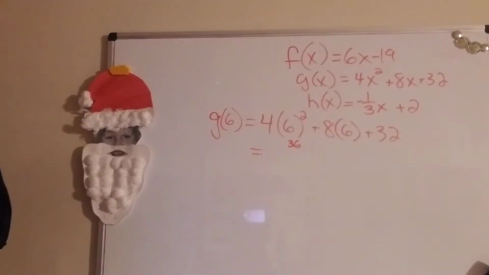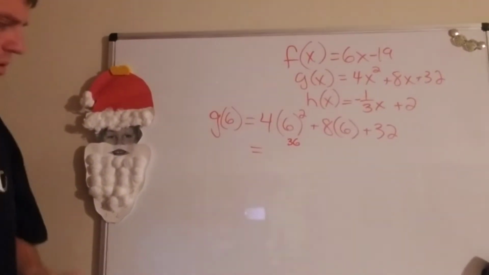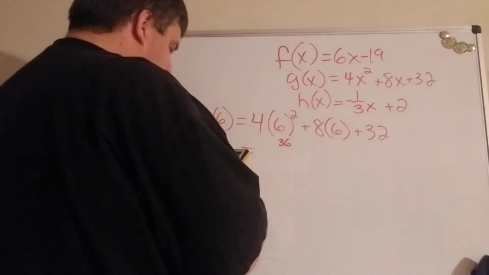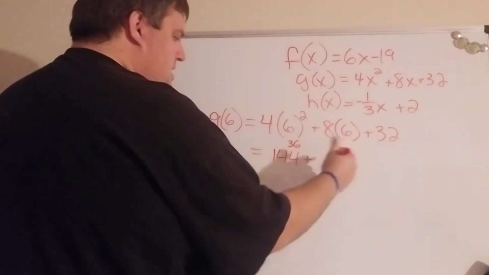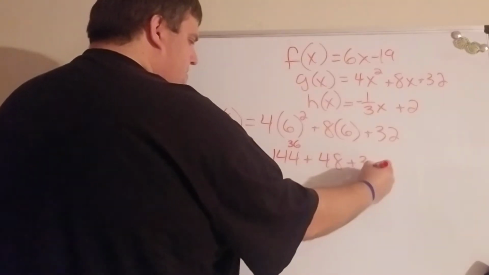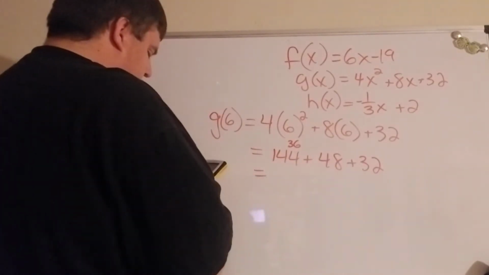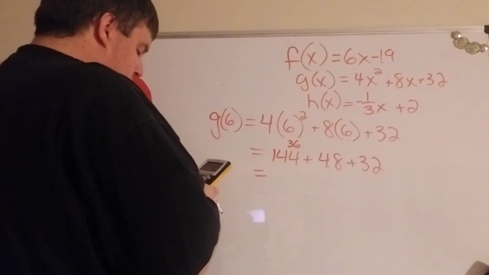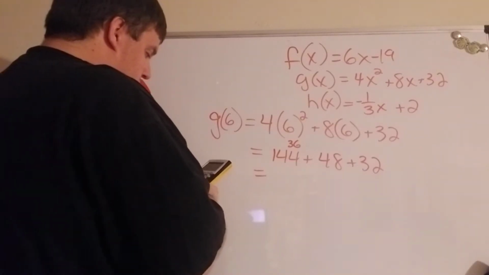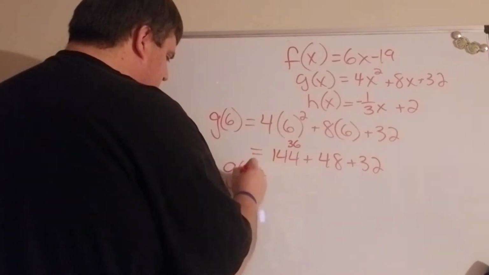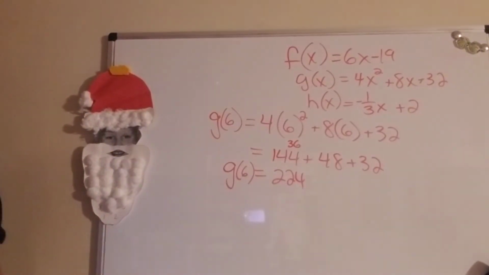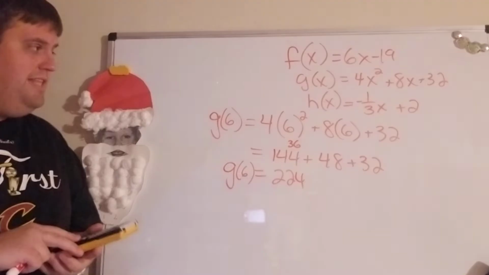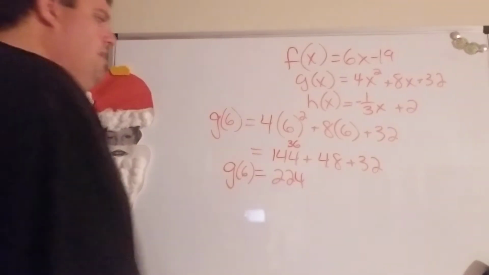And then we would do 36 times 4, which gives me 144. 6 times 8 is 48. And when you add all those together, you're going to get your g of 6 equals 224. So that's the first one. You plug in 6 in g.